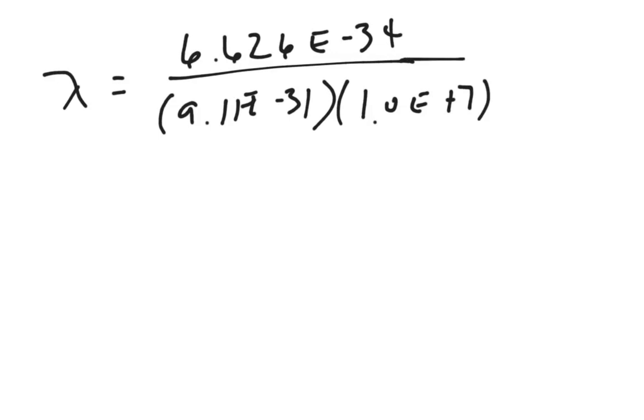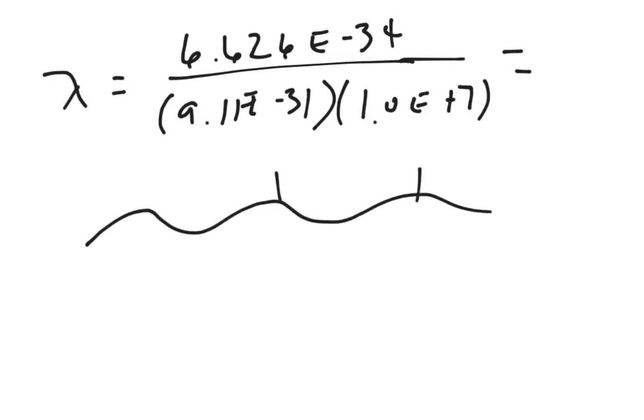And this problem is coming from page 281. Okay, so we find that the wavelength of an electron, or how often it peaks, right, is once every 7.27 times 10 to the negative 11 meters. Okay, so very, very small wavelength, which you would expect because an electron is very, very small.